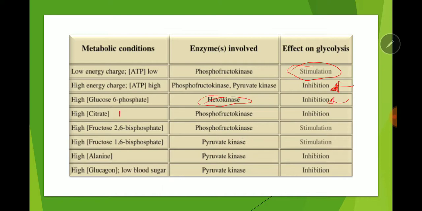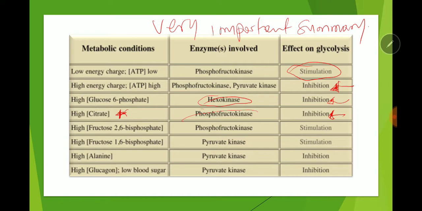So the glycolytic pathway is inhibited. Now we talked about citrate. Citrate inhibits the action of phosphofructokinase. So high citrate inhibits phosphofructokinase, and therefore glycolysis is inhibited. So this is a very important summary that you need to know, okay? So, high fructose 2,6 bisphosphate, we talk about in the liver.